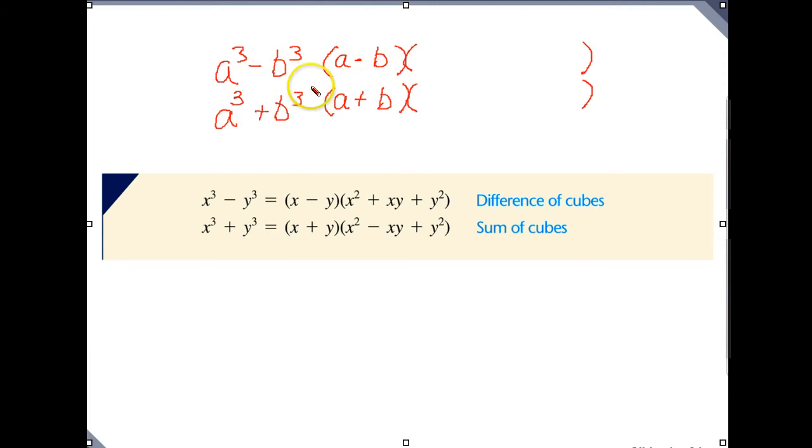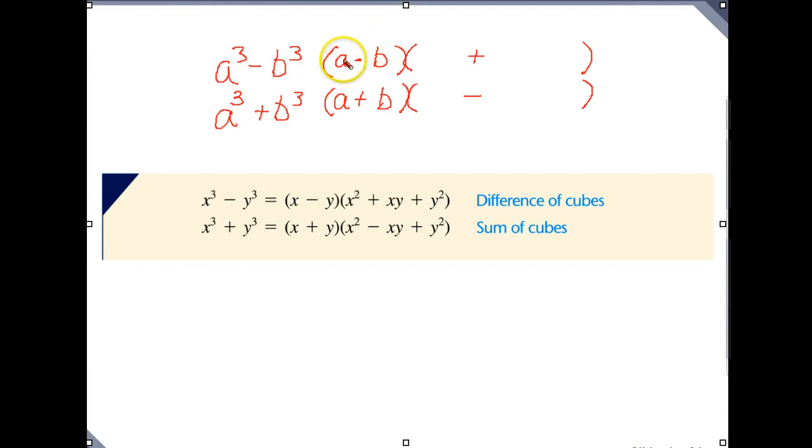Now, the very important next part is determine what is your middle sign in this trinomial over here. If your sign here is negative, then the middle sign will be plus. If your sign here is plus, then the middle sign over here will be negative.